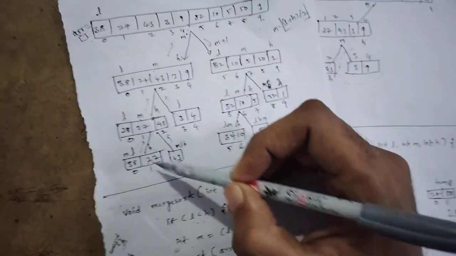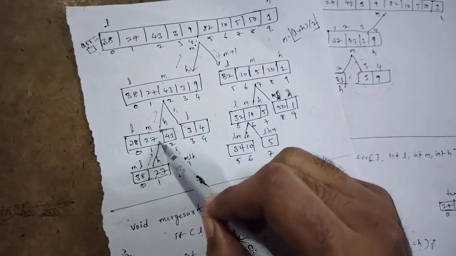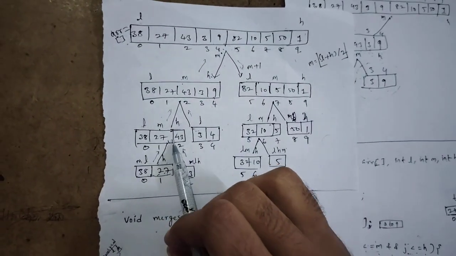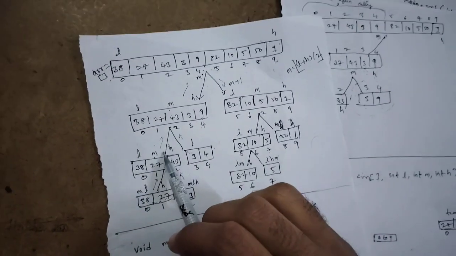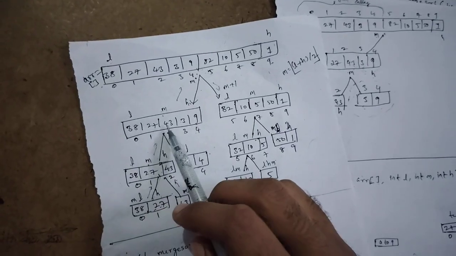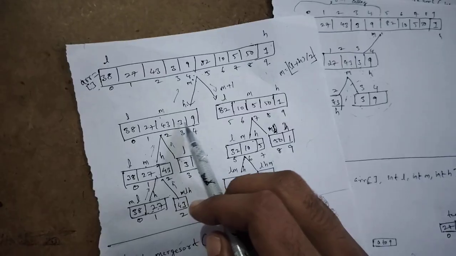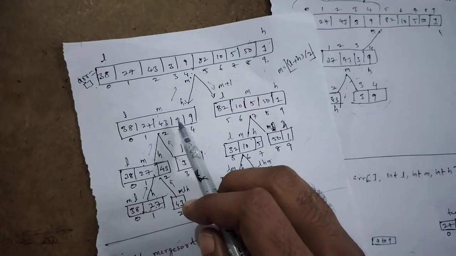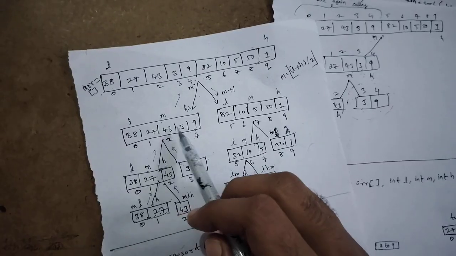Okay friends, this is the understandable explanation. When you sort this, you will go through this array and sort it, and again you will go through this array and change it into sorted, and you will compare this sorted array with this.